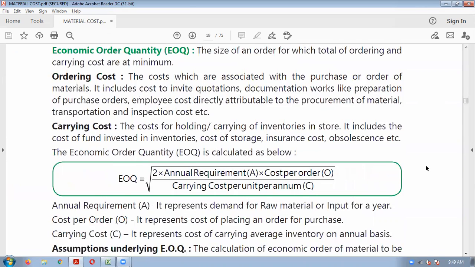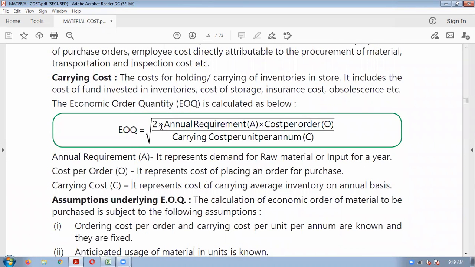Formula for the economic order quantity is 2 into annual requirement. Annual requirement is the requirement of total material in your business. So you should estimate how much input you will require during the year. That is the annual requirement into cost per order. Okay, for placing one order, what will be your cost associated with that order?